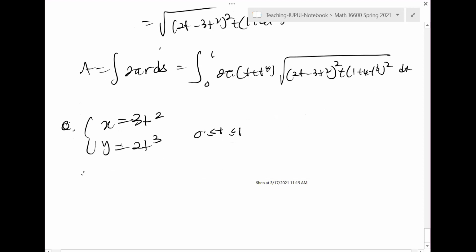Okay, so the rotation is about the y-axis. Okay, find the area of the surface.